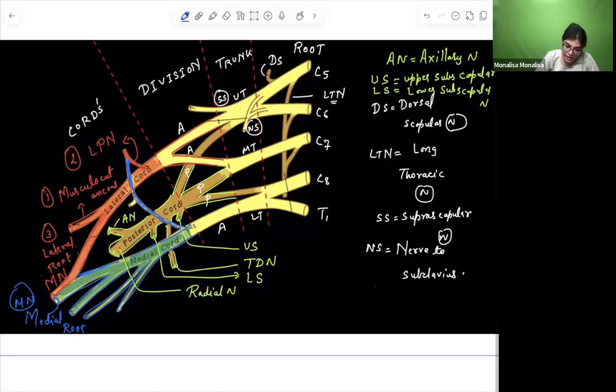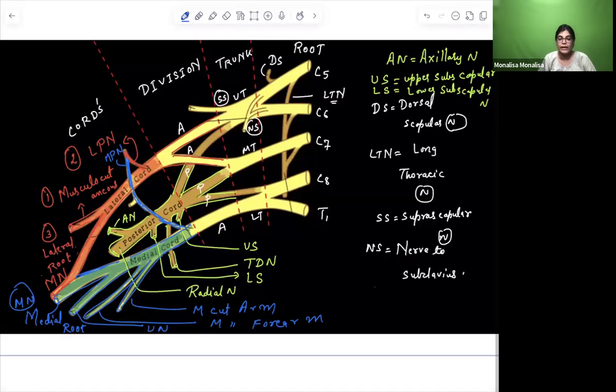This nerve is MPN, medial pectoral nerve, and this is medial cutaneous nerve of arm, medial cutaneous nerve of forearm, and this is ulnar nerve, UN for ulnar nerve. This is UN for ulnar nerve. So this is how you are going to represent and know about the branches of different parts of brachial plexus.